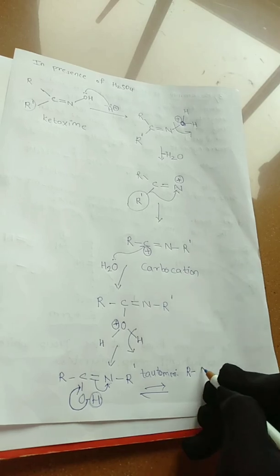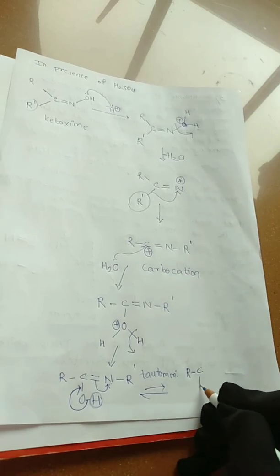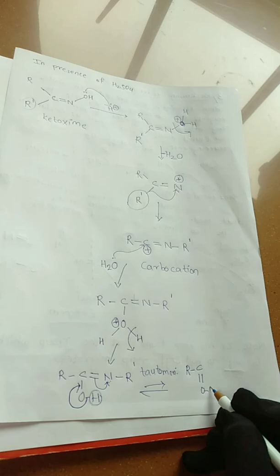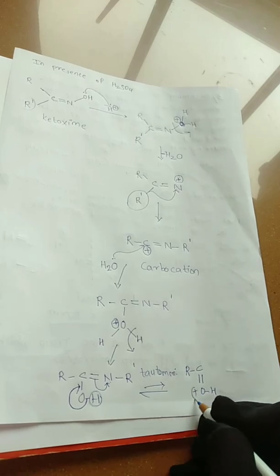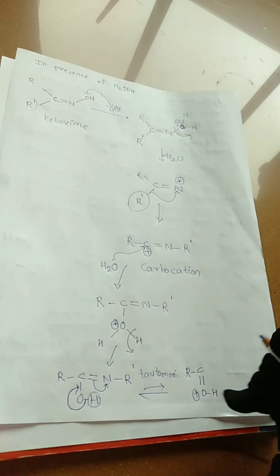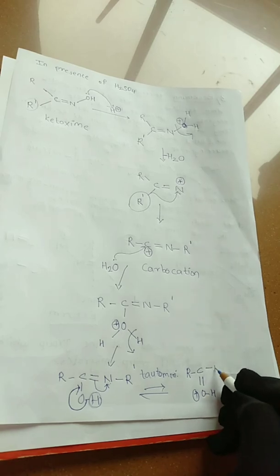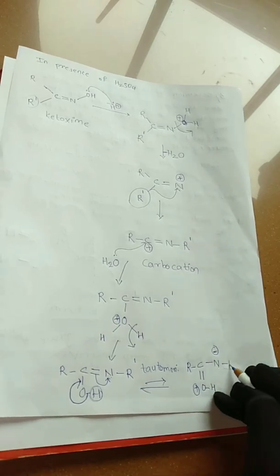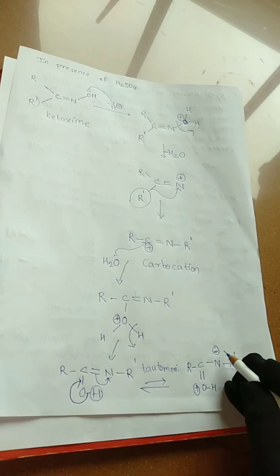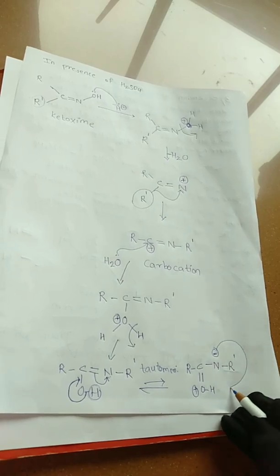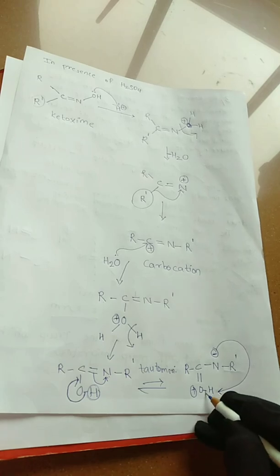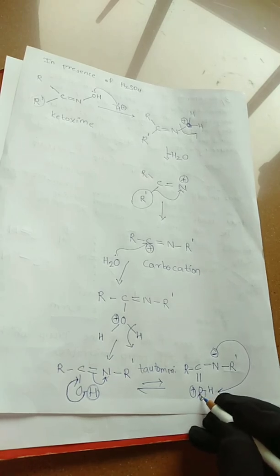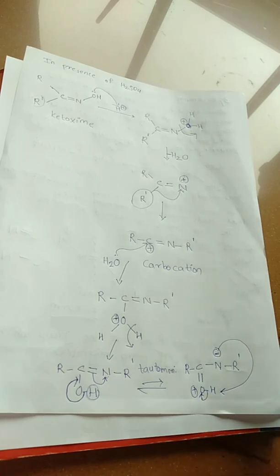Just see, R, C double bond OH. Again this oxygen will carry a positive charge and this double bond shifts towards this nitrogen, and nitrogen will carry a negative charge. So what does the negative charge do? This will abstract this proton and this will shift onto oxygen.